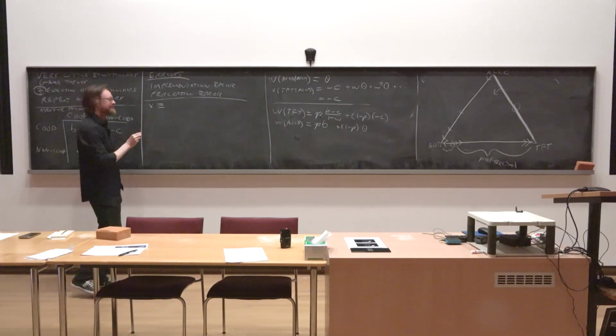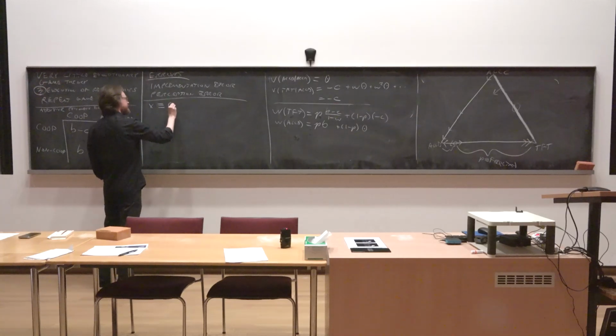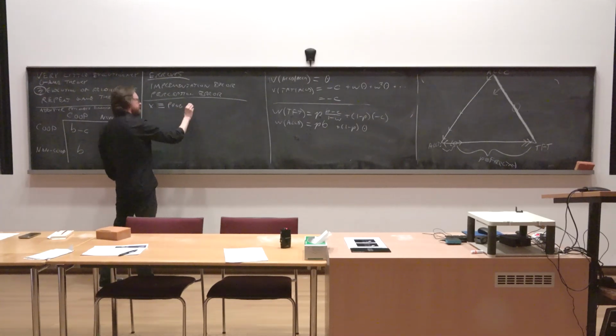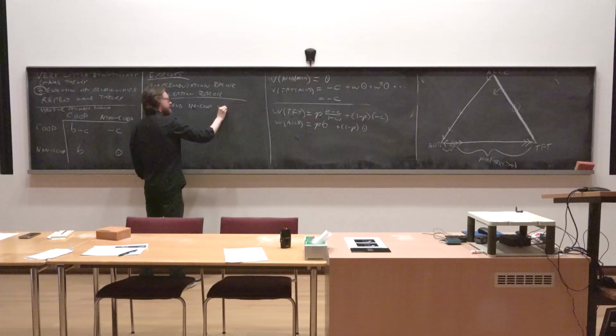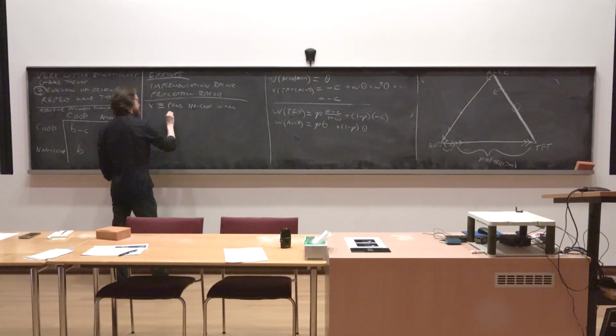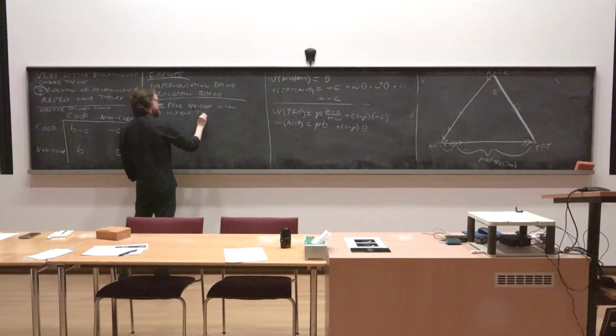And little x is going to be the probability of no cooperation when an individual intends to cooperate.